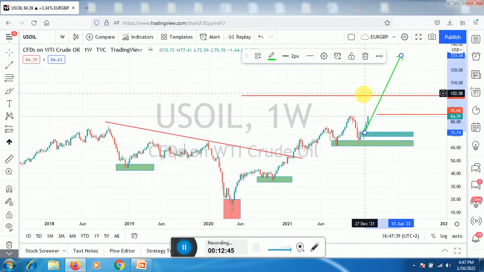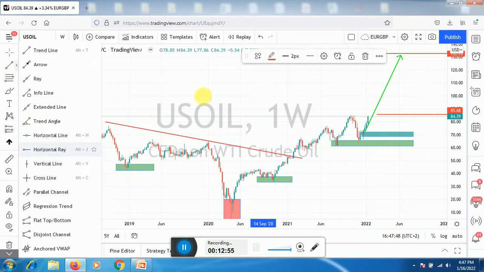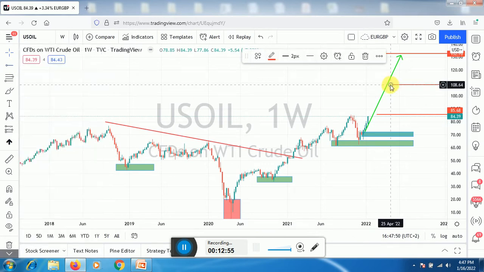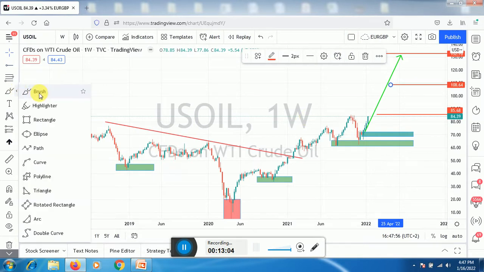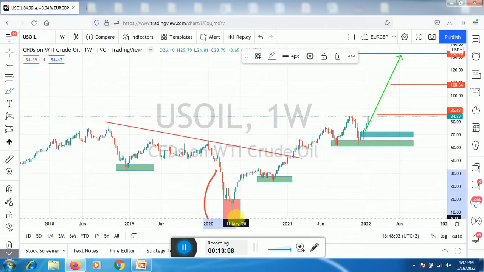Why am I saying this? Because technically the height of the pattern tends to be the target. So if I'm looking at the height of the pattern from here to here, and you multiply this by 2, it gives you the target.